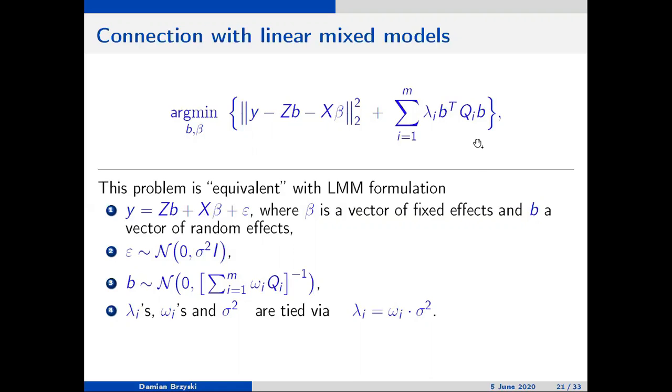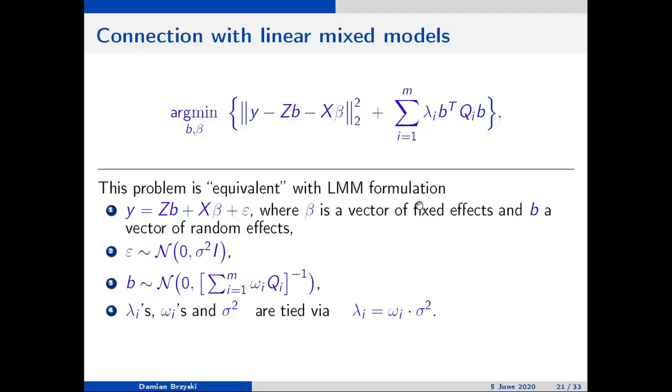You don't need to use numerical solvers to find the solution. But of course the information about the optimal lambda is crucial here. You need to select them somehow, and this is why you need the step with considering linear mixed model here.